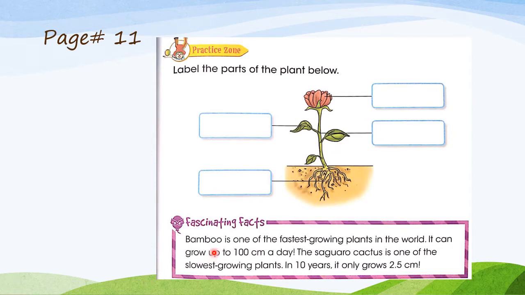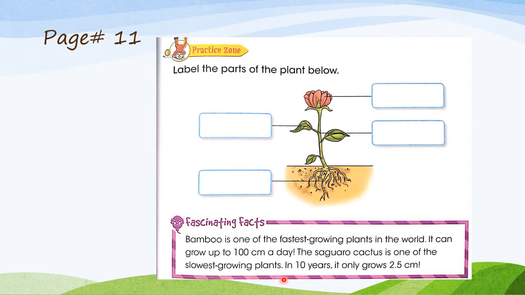Here are some fascinating facts. Bamboo is one of the fastest growing plants in the world. Bamboo, this is the name of the plant that grows very fast. It can grow up to 100 centimeters a day. The Saguaro cactus is one of the slowest growing plants.